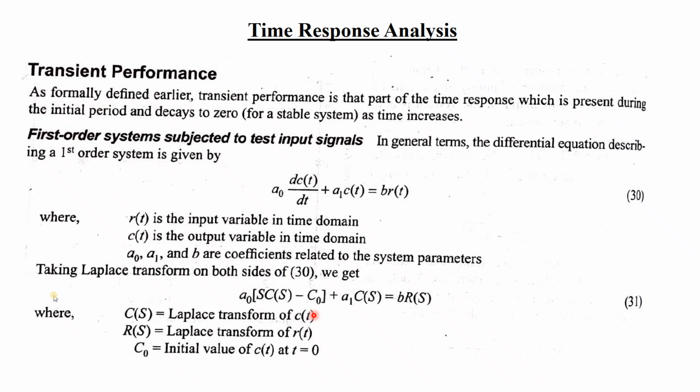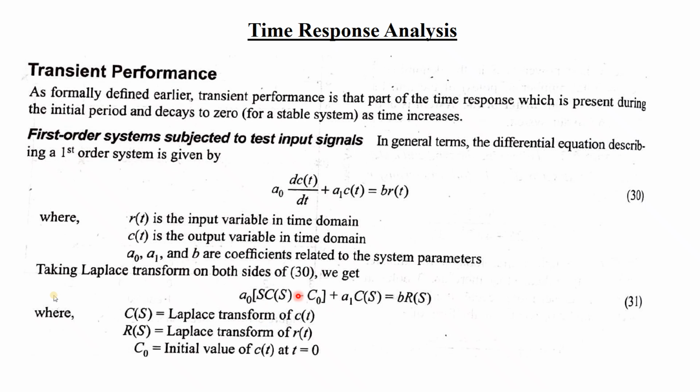You have to find the Laplace transform of this particular equation number 30. So if you find the Laplace transform, then you will get the solution in the S domain. All of you know that whenever you perform the Laplace transform of any derivative, it becomes S into Laplace transform of that function minus initial condition of the function.